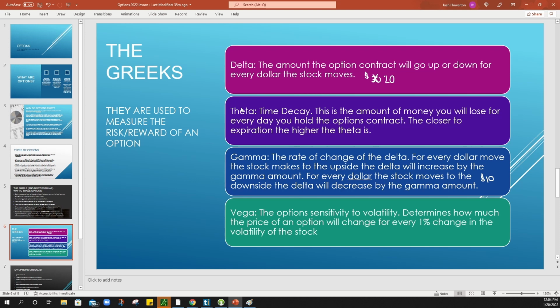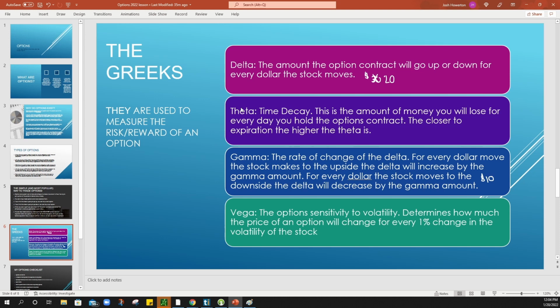So you definitely need to know what the theta is and how it impacts your options contract. Like I said, if anything, the theta is more important than the delta. The gamma, not that important. It's the rate of change for the delta. So by looking at the gamma, you can get an idea of what the new delta is going to be to give an idea of what your future profits could be, okay? And then the vega is the options sensitivity to volatility.